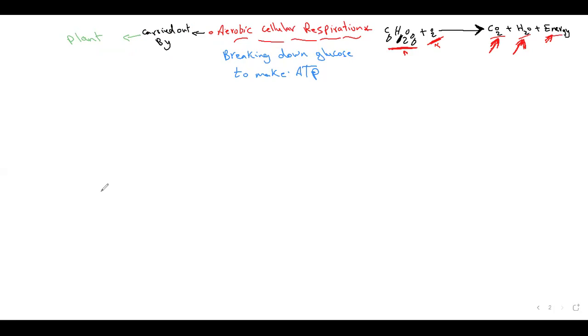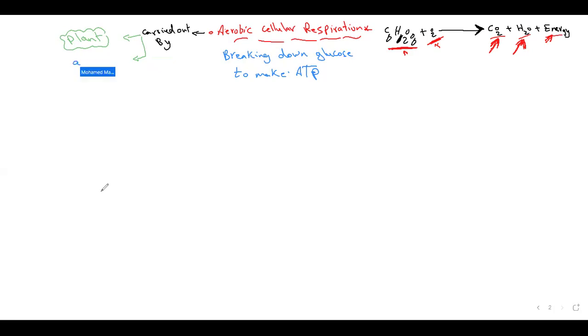I don't understand what you say, carried by. Carried out by who? Who does the process of cellular respiration? In plants, breaking down glucose. Okay, and when we eat the plants, we get the glucose also, and we break it to get energy, right?